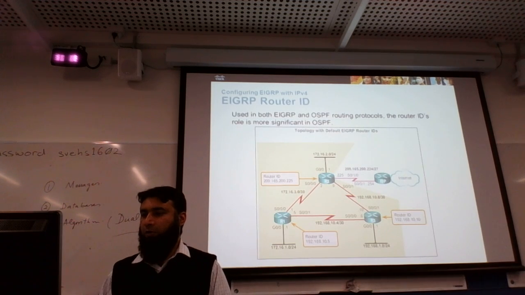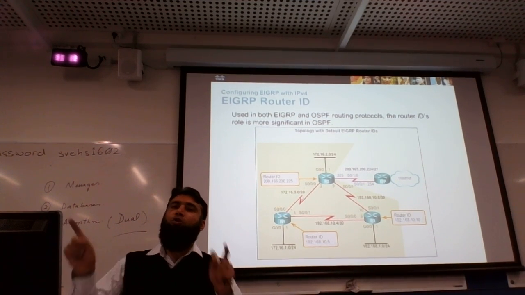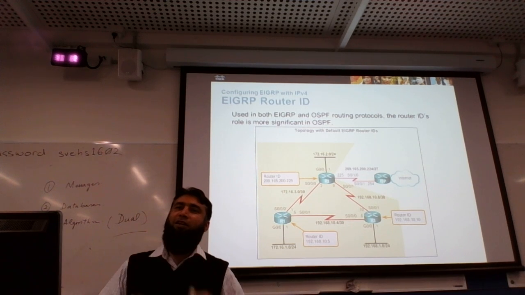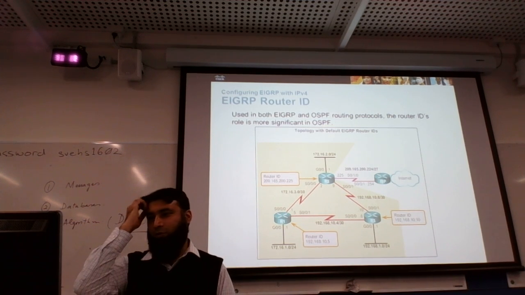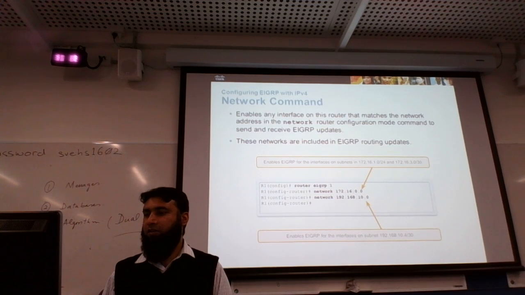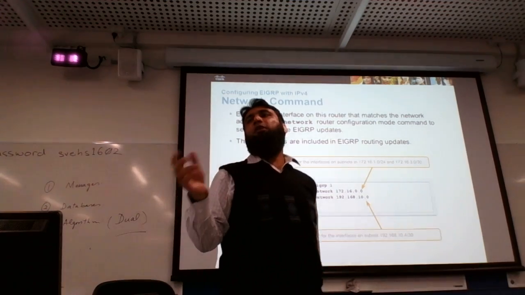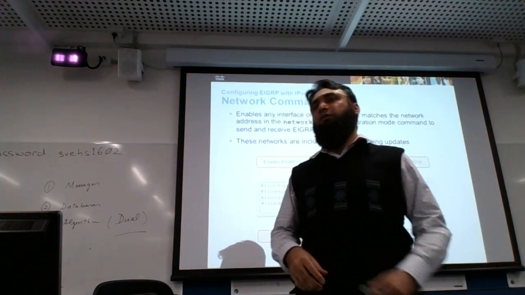If you look at the topology, it contains the 172.16.1.0 network as a LAN interface and a serial interface as a 172.16.3.0 network. So both of those subnets will be added by giving only this one command, network 172.16.0.0.